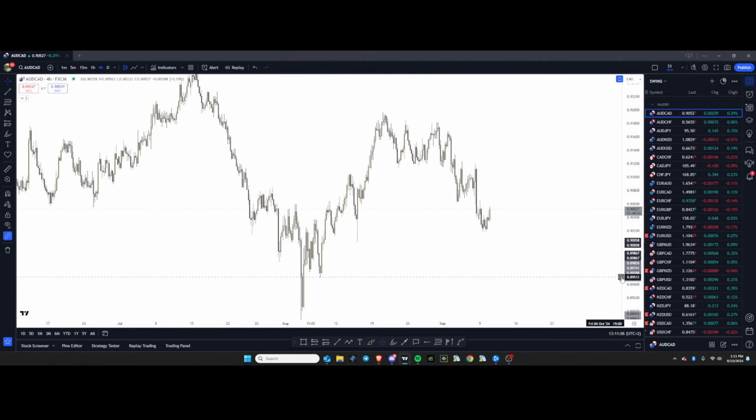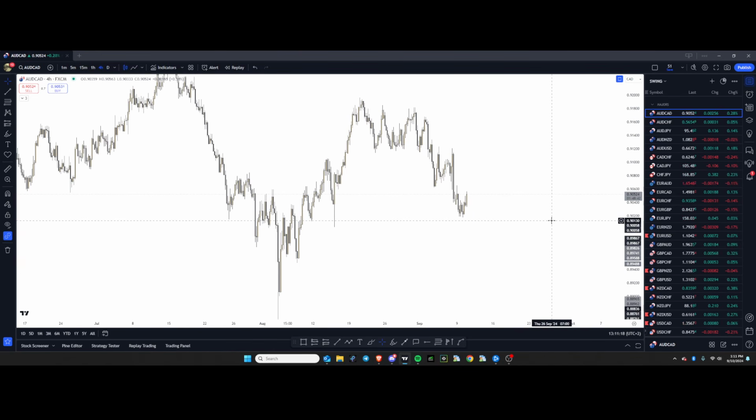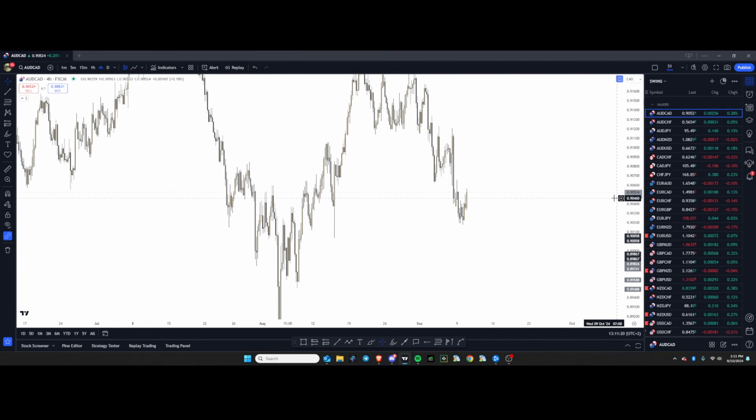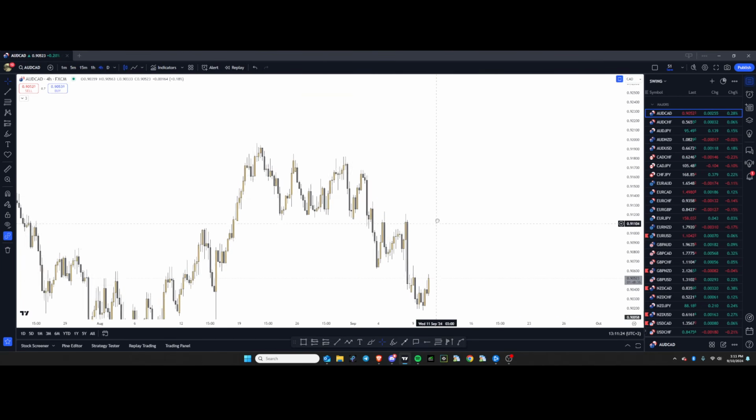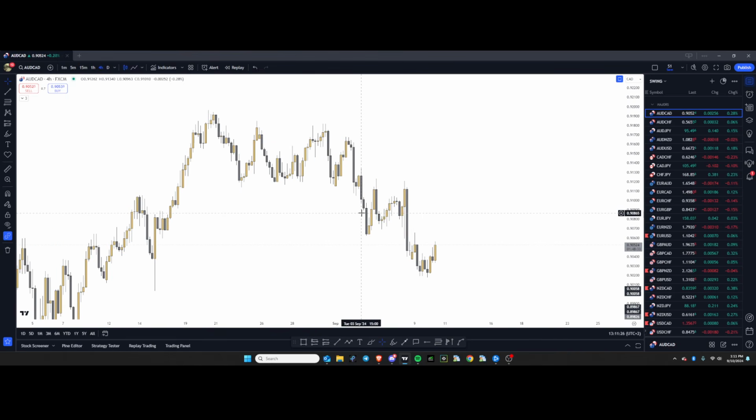I know it's theoretically not the 100% correct explanation for internal and external structure, but I would suggest not to over-confuse yourself with internal and external structure because it's a lot of complication and it's a lot of noise that we want to get rid of. So make sure that you're always zoomed in the same way.